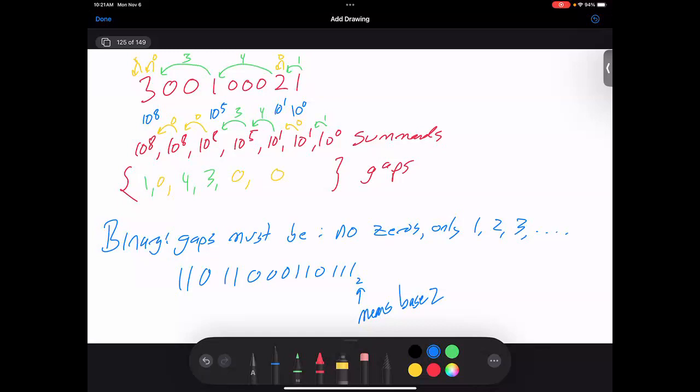Could the following be a Zeckendorf decomposition, where 1 means I have the summand and 0 means I don't? So can someone tell me what a Zeckendorf decomposition is?